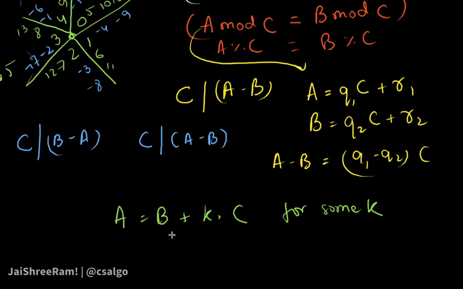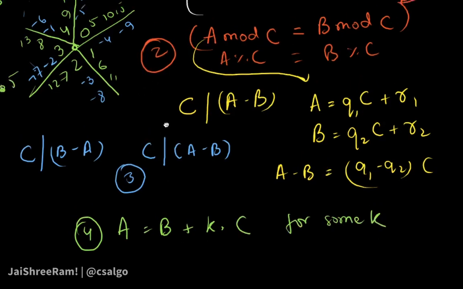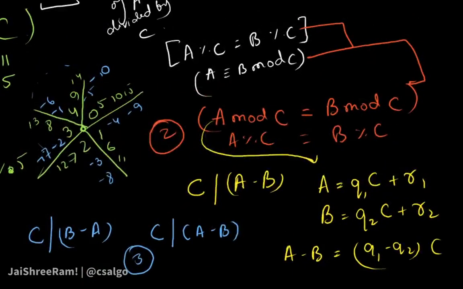So those are all the equivalent expressions that you can talk about. This is one expression, this is another expression. If C divides A minus B, that is the same as the congruence. This is another, A mod C is equal to B mod C, and the original one is obviously there. So we would be using these notations interchangeably. Okay. And the most common notation is this one.